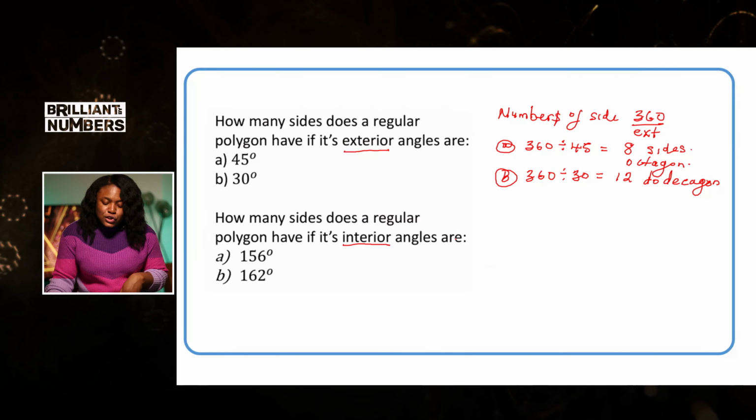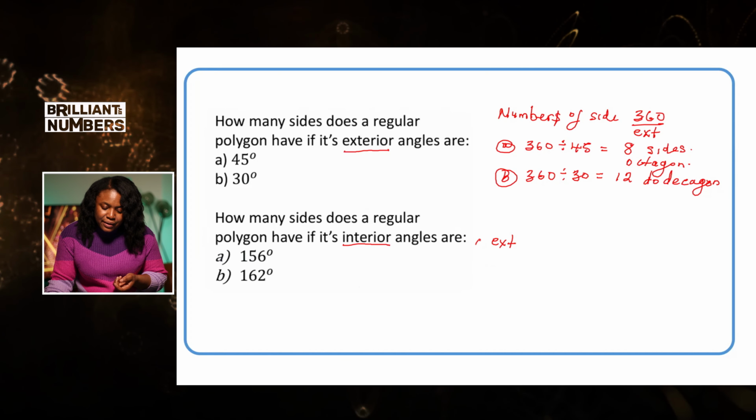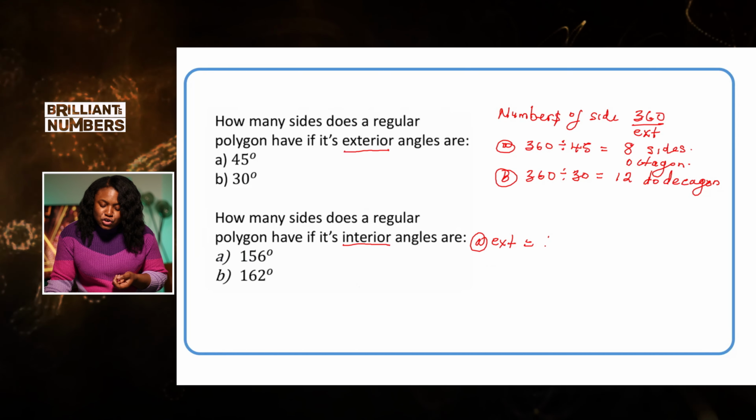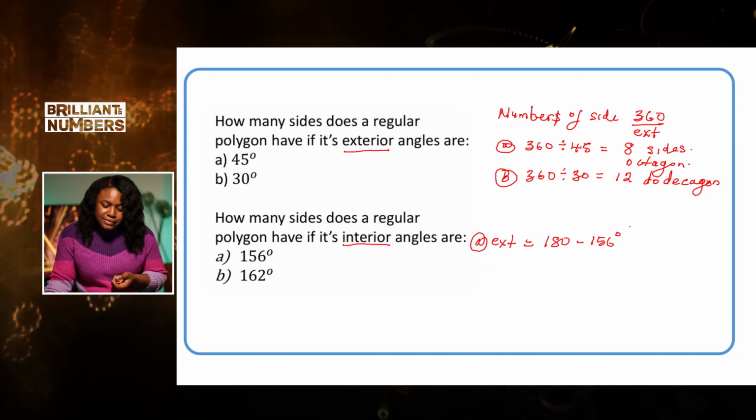However, we know that an exterior plus an interior angle add to 180 degrees. So if I know the interior, I can take that away from 180 to get the exterior and then apply the formula we did in the question above. So let's go for the exterior angle. The exterior for A will be equal to 180 take away 156 degrees.